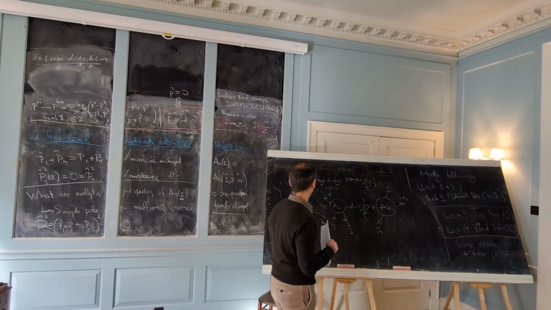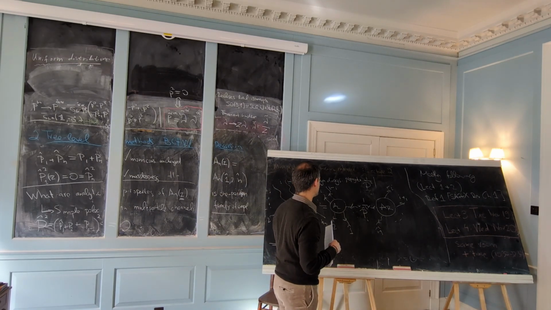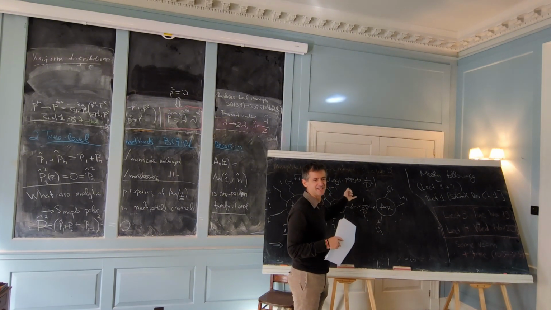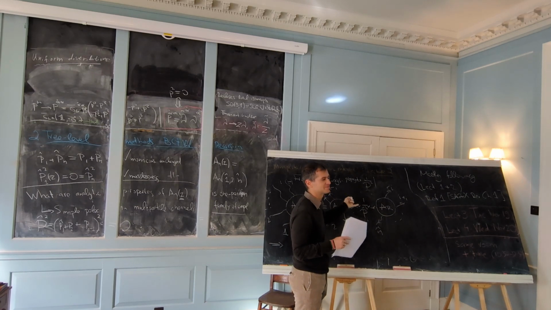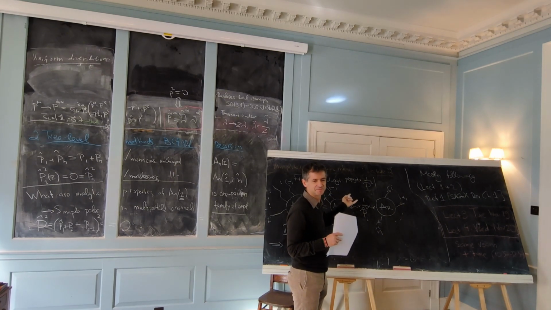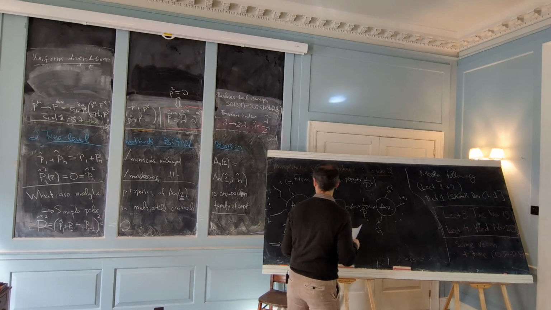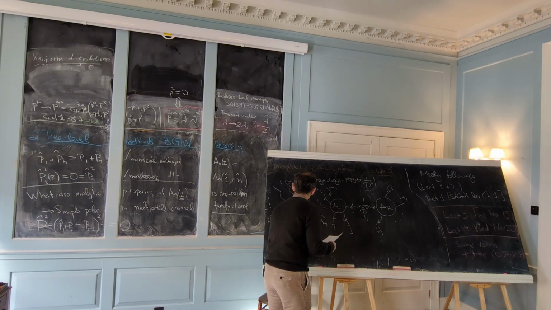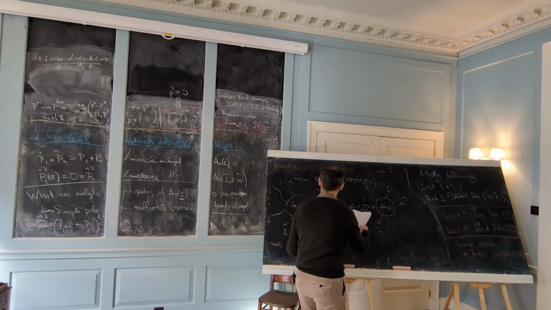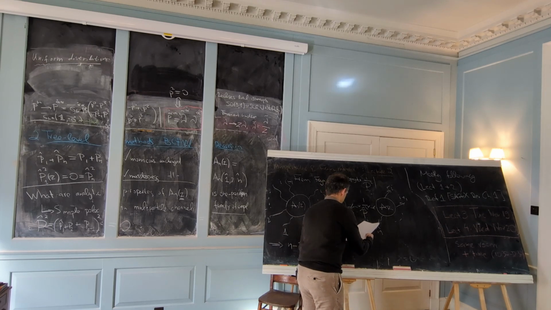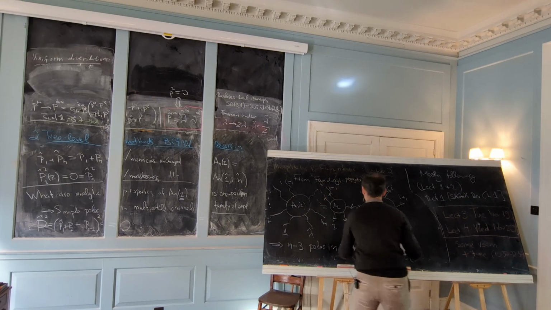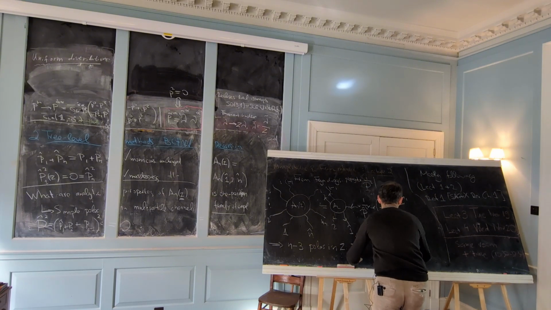In fact, from 3, because you need to have at least 2 legs on each of the left and right amplitudes. Otherwise, it's not a scattering, so to speak. So you have indeed n minus 3 poles in total in z.